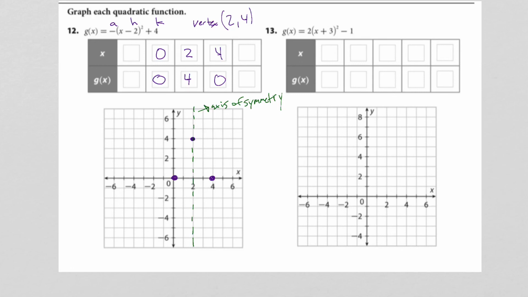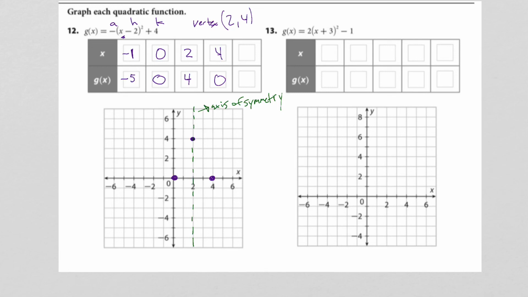So let's try another point. How about negative 1? Negative 1 minus 2, I'm going to plug it in right there for x, makes a negative 3. Negative 3 squared is 9. 9 times a negative 1 is a negative 9. And negative 9 plus 4 is negative 5.